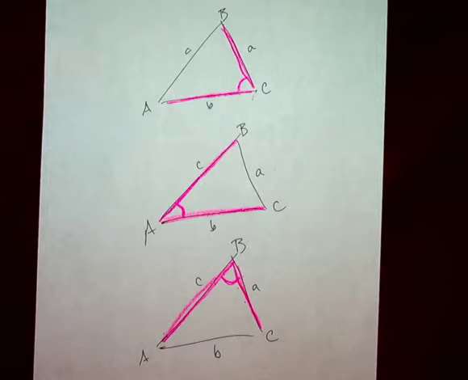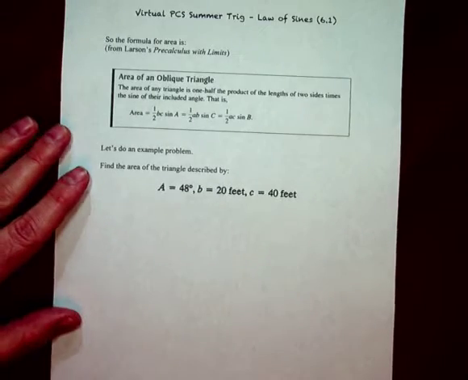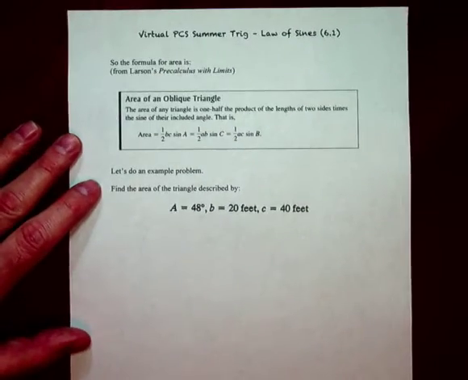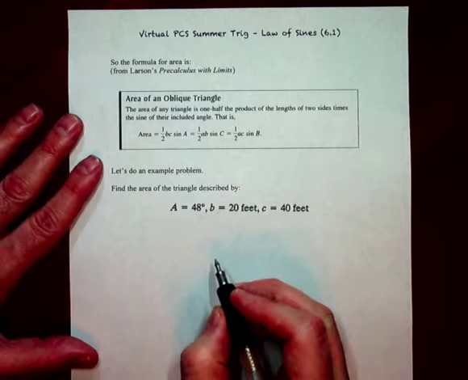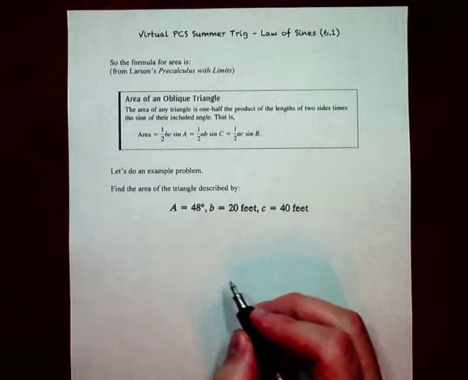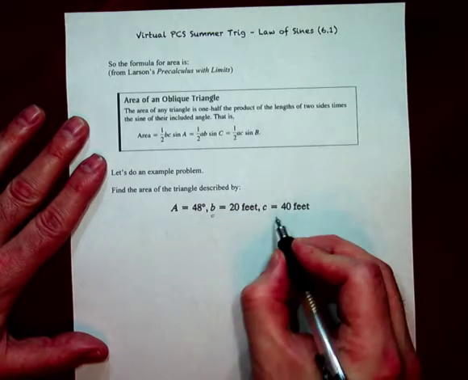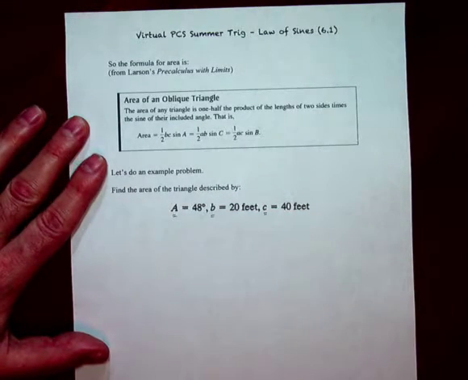Alrighty, let's stop talking about this in terms of abstract concepts and actually do a problem or two. What do you say? There's the area formula as we find it in Larson's book. If we want to do this one, we notice we have B and C and the included angle.